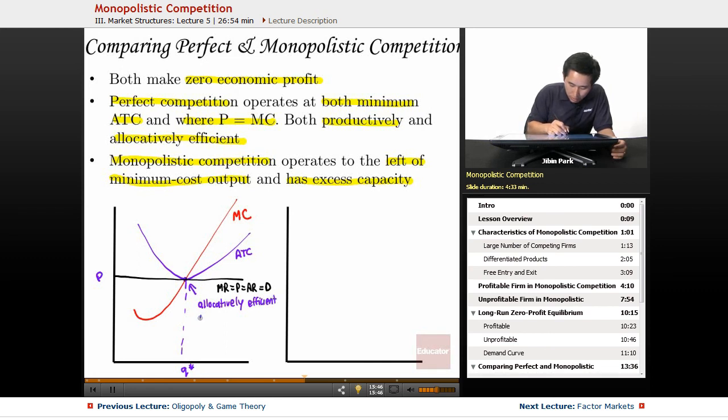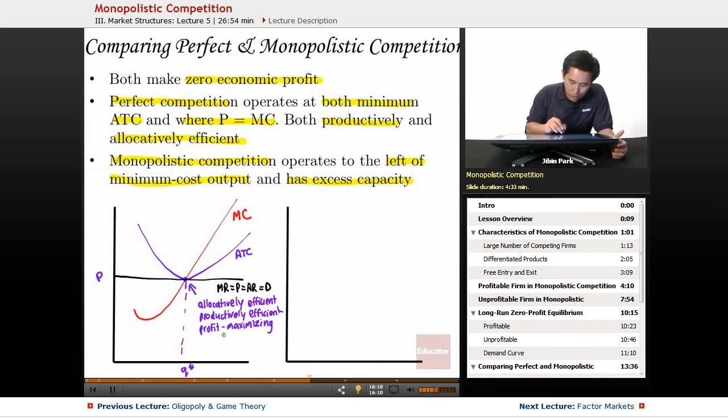It is also productively efficient because that's where it's a minimum of the ATC. And it's also profit maximizing. So why is a perfectly competitive firm producing at the productively and allocatively efficient point?